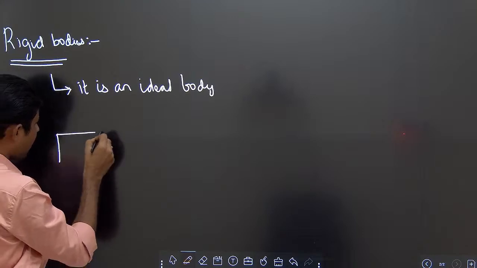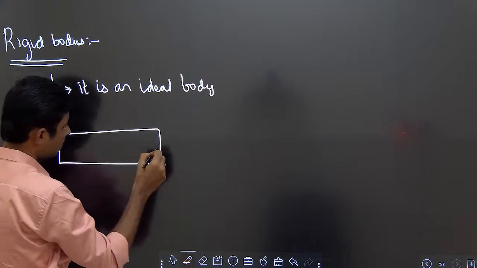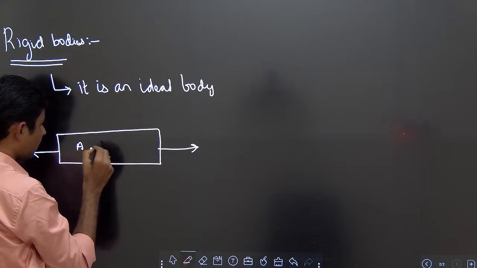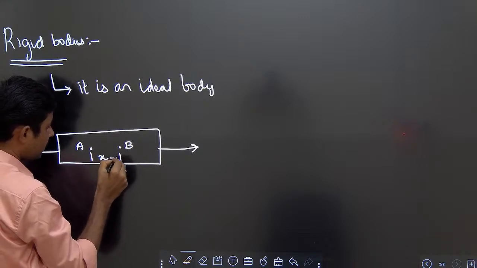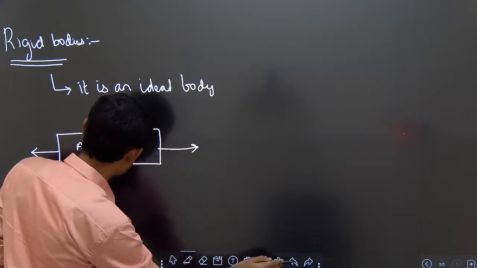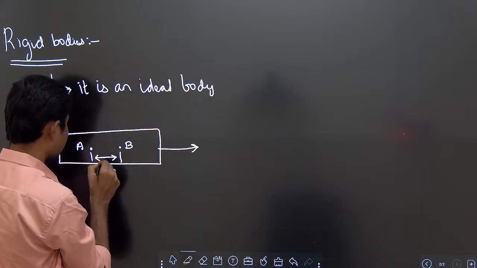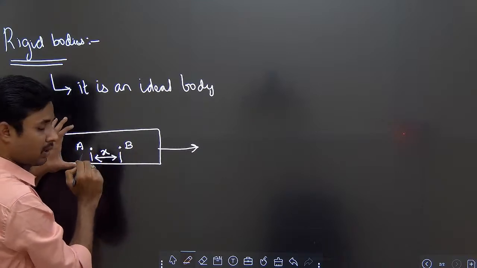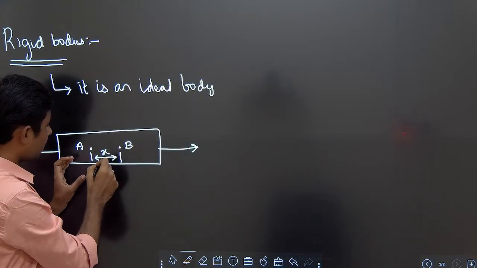Consider a body and you have applied a force. Mark 2 points, that is A and B. Before applying force, the distance between the two particles is x. You have taken a body and marked 2 points on it, and before applying the load, the distance between the 2 points was x.